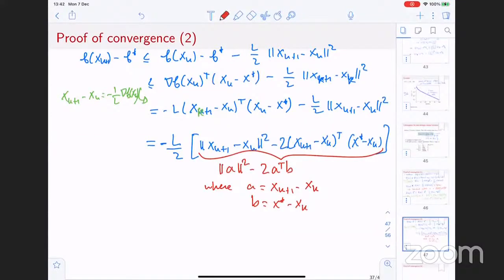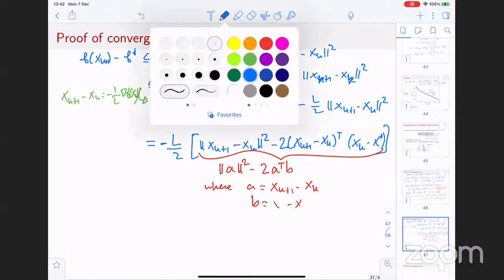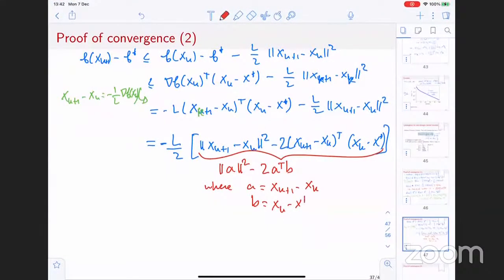Let's see. I'm looking at my notes, and I think this should be xk minus x star. Sorry for that.